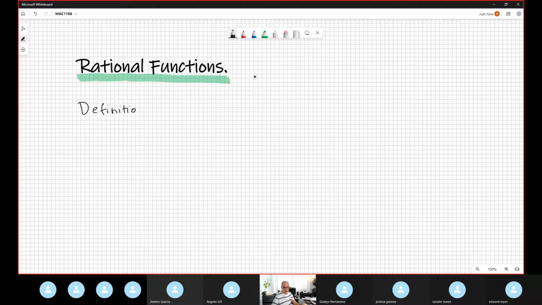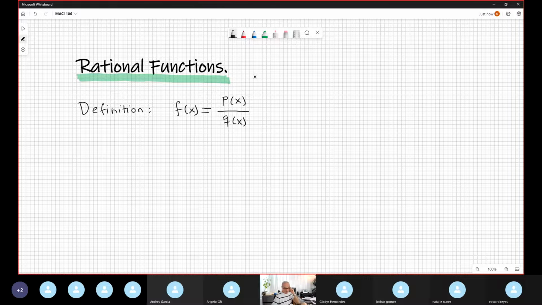The definition is easy to understand, because a rational function is the division of two polynomials. Let me call it f of x. It is a division of polynomials, so we have a fraction: in the top p of x, in the bottom q of x.